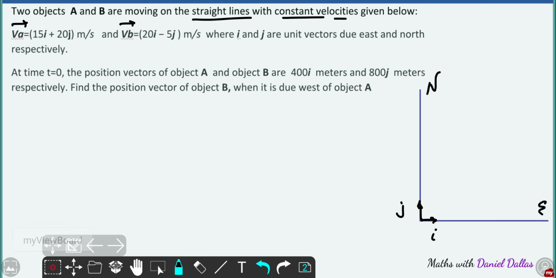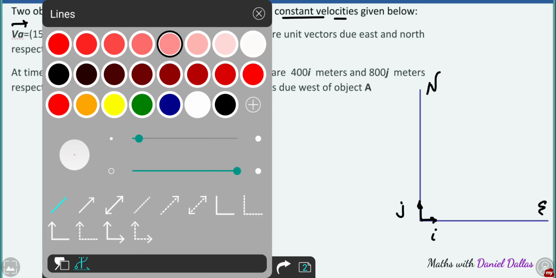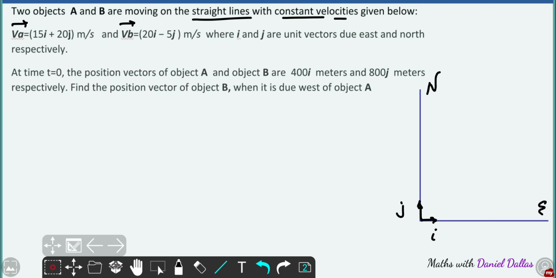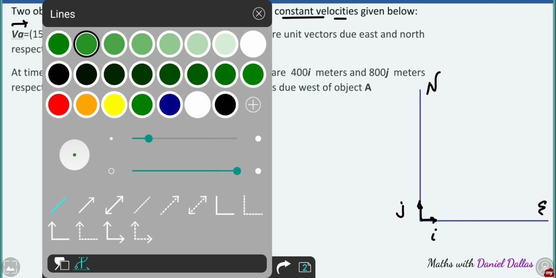All right, so we set them up, and we're given velocities at time t0. The position vectors of object A and object B are 400i meters and 800j meters. What it means is that it sets up the initial position for each object.